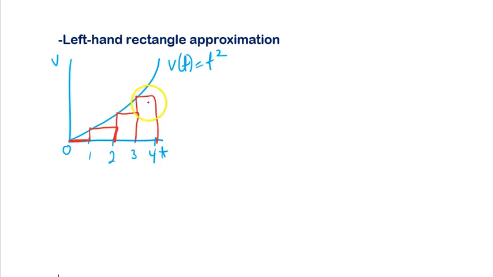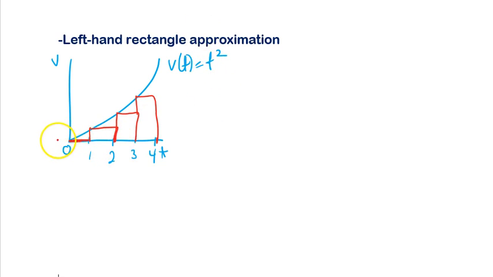Obviously, in this case, it's an underestimate. You don't get all that area covered by rectangles, but again, it's fairly close to what it should be. And if we made more rectangles like we did in the last problem, we would get closer to the exact value. So let's calculate this value while we're here.